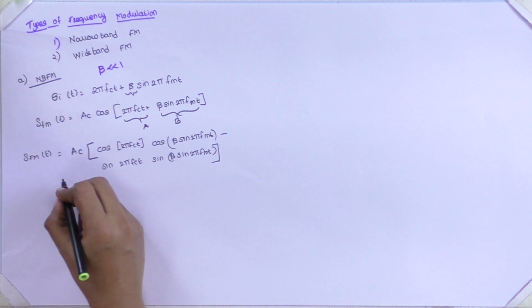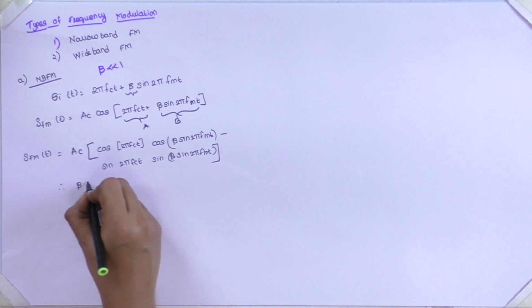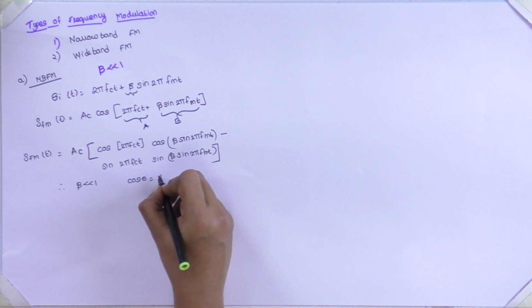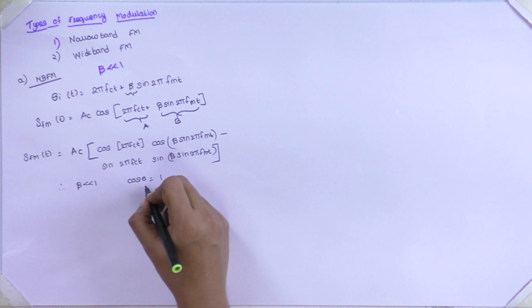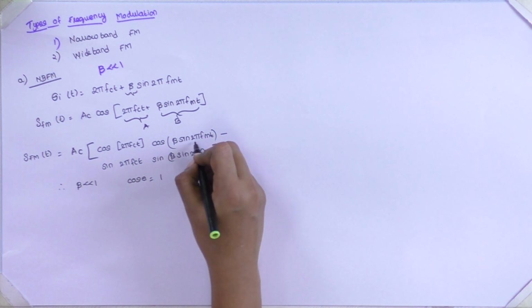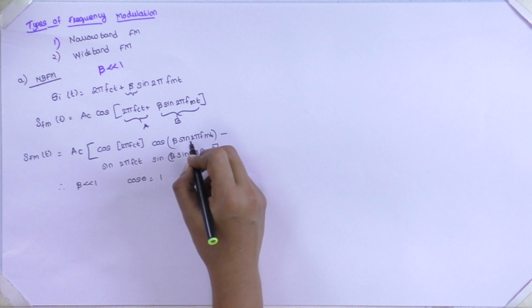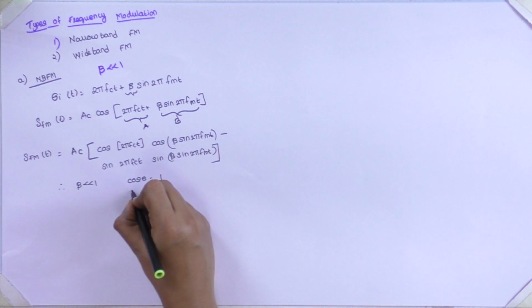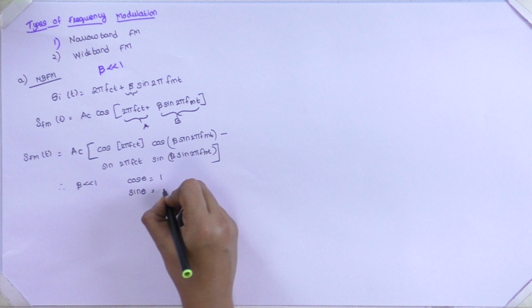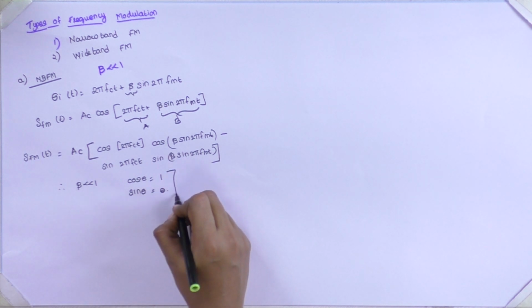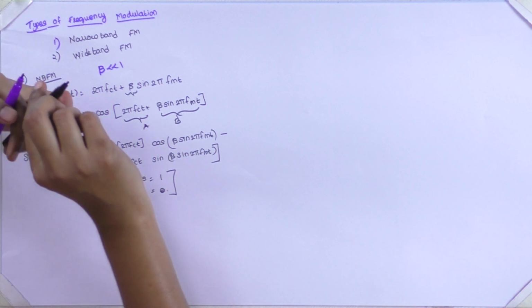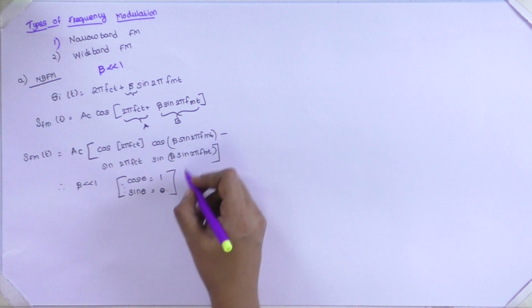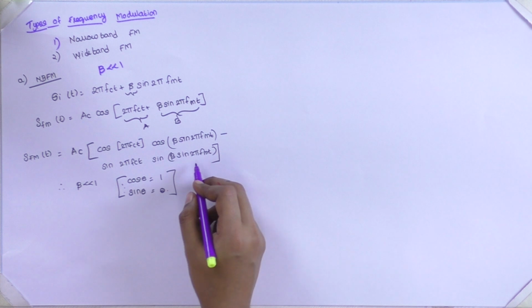For a small value of theta, which here is beta, cos theta is equal to 1 and sin theta is equal to theta. This is by trigonometric identity.